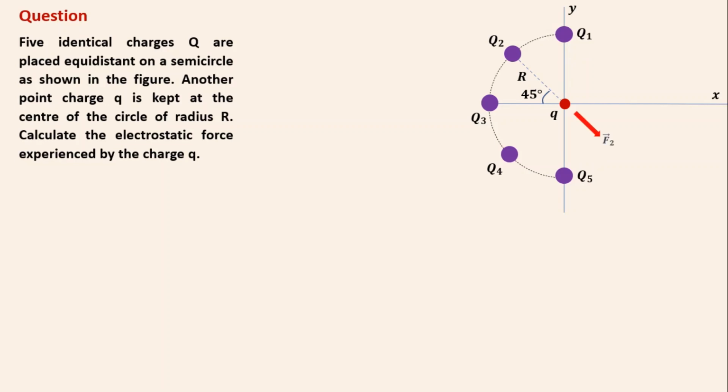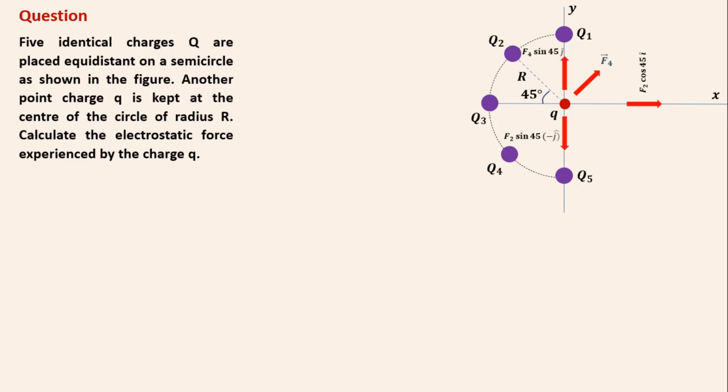Let us find what is the force on q by Q2. It will be F2 vector. This F2 vector is resolved into two components. One is along negative y-axis, another one is along positive x-axis. Now let us find what is the force on q by Q4. It is F4 vector.